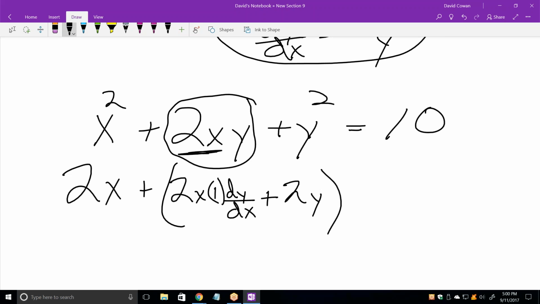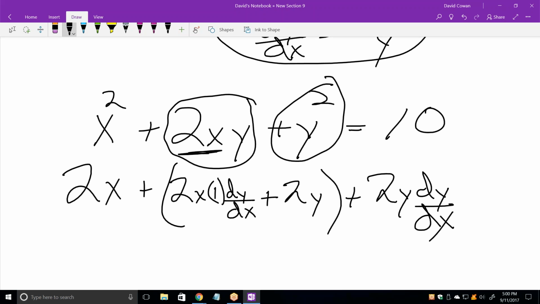And then I'm multiplying it by the other function, which is just y. So it's only when you take the derivative of a different variable that you have to follow it with a dy/dx. Okay, now we're on to this term. What's that? Plus 2y times dy over dx. Perfect.